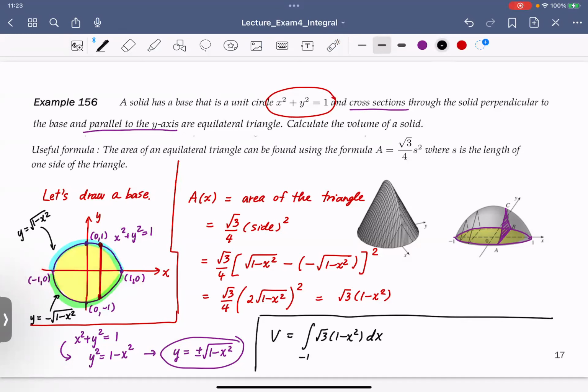All right, negative 1 to 1, and then this is root 3, and this is x minus x cubed over 3, and then you plug in at x equal to 1 and plug in at x equal to negative 1. A little bit crazy, I know, but once you plug in every single thing, you're going to have the answer: 4 root 3 over 3.